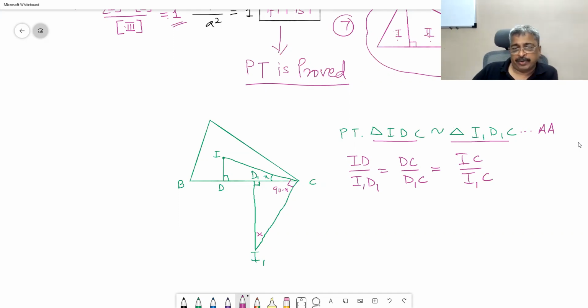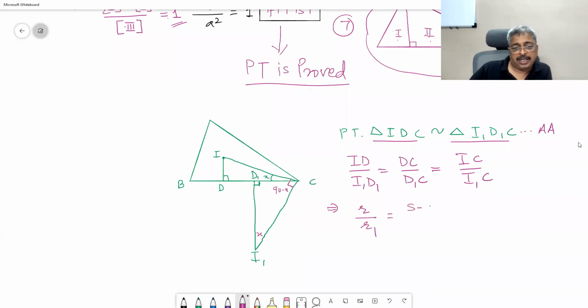This ratio we will not require. What do we call ID? We call ID as R. What do we call I1D1? We call I1D1 as R1. Correct? What do you call DC?